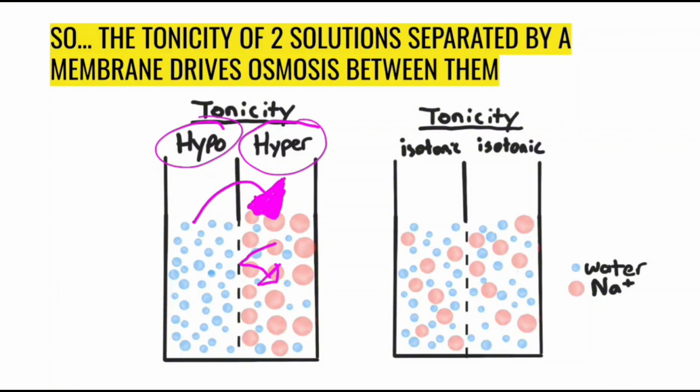Because if they did diffuse across the cell membrane, we would just wind up ultimately with isotonic solutions, and we would not drive osmosis. So this process will continue until something opposes it, or until we reach the point where the two solutions are now isotonic.